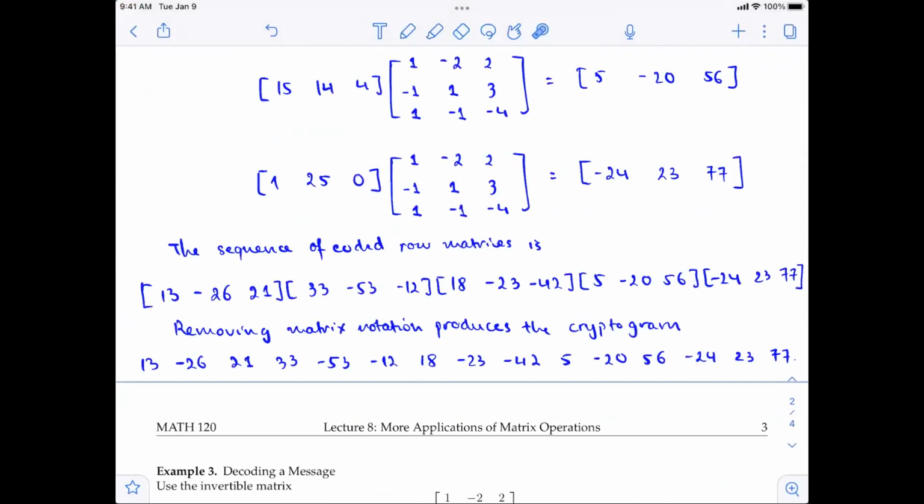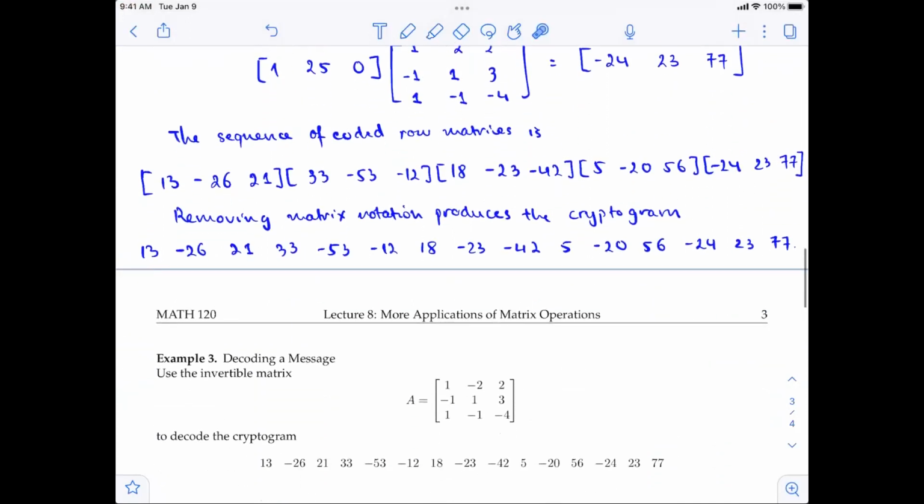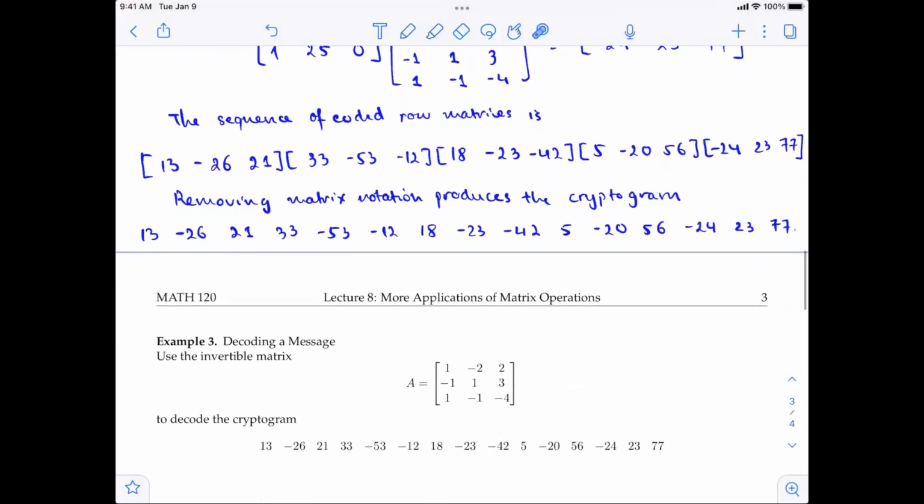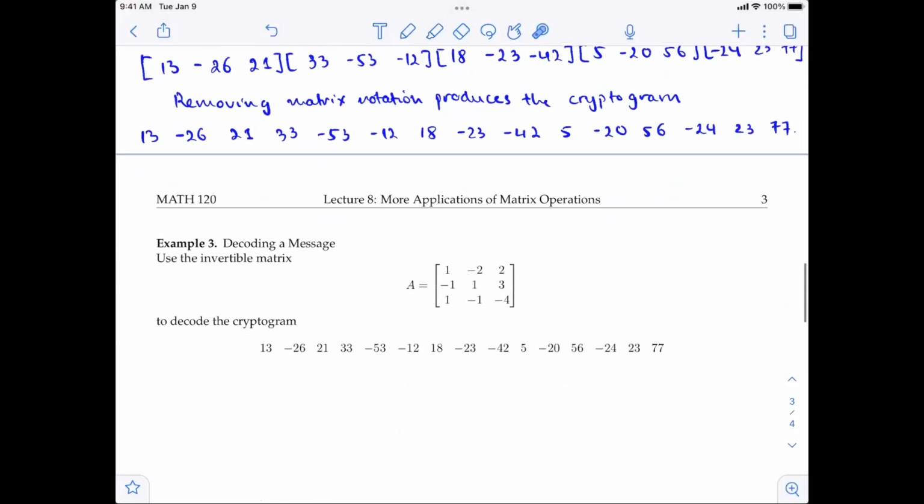Now, if you receive a cryptogram, how would you turn that back into the message that you want to read? What you do is find the inverse of this matrix and then use matrix multiplication again to obtain the original message.